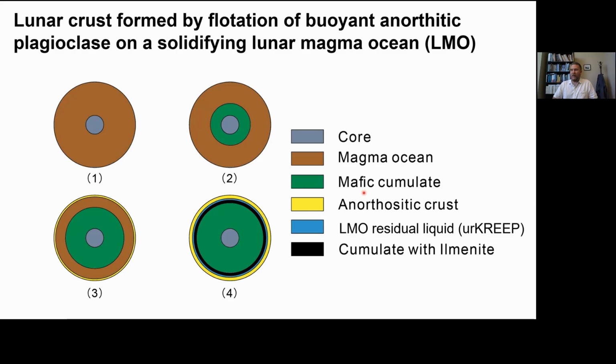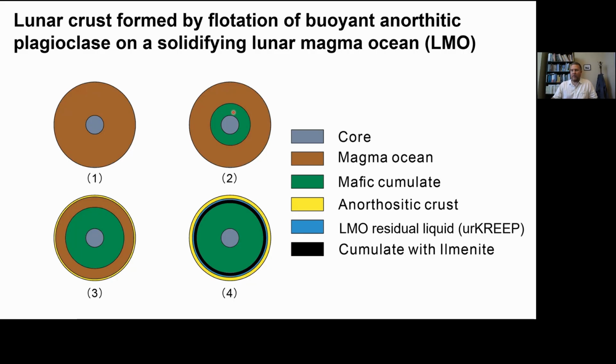The first phases that would have precipitated from the magma ocean are dense olivine and orthopyroxene cumulates, and so these would have settled out around the core. And because the elements calcium and aluminum don't substitute appreciably into those phases, the residual liquid in the magma ocean would have compositionally evolved.